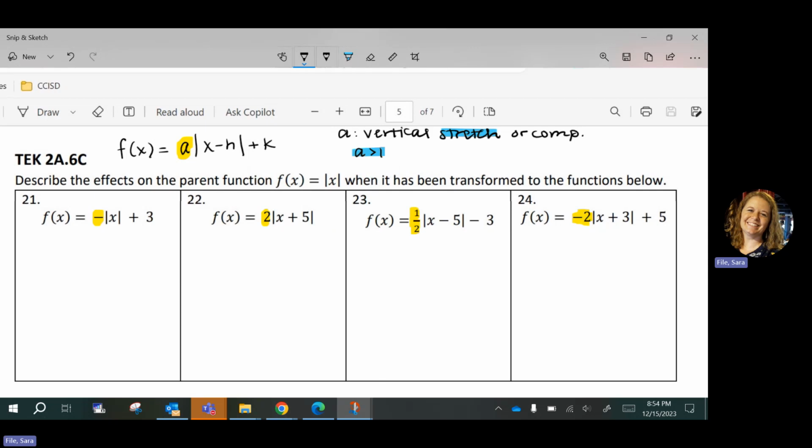And if that A value is less than 1, technically between 0 and 1, because it's not going to be negative. Well, it could be negative, but that doesn't affect the stretch or compression is what I should say. So if it's between 0 and 1, so like a decimal or a fractional value, like 1/2 here, then it is a vertical compression.